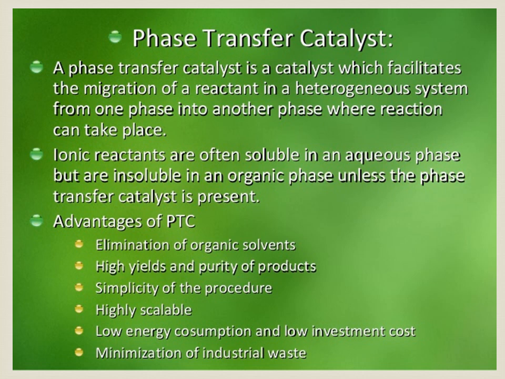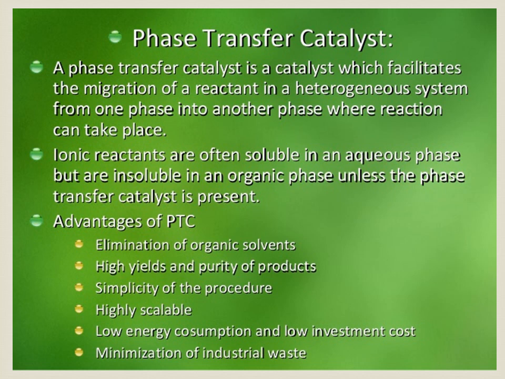Suppose there are two reactants participating in a reaction. One reactant dissolves in water, while the other will not dissolve in water but will dissolve in some other organic solvent. But these two reactants must react to give a product.